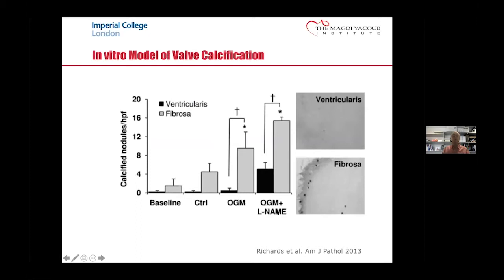And when we did this experiment in the presence of L-NAME, the numbers of calcified nodules increased principally in the fibrosa, so on the aortic side of the valve where calcification is normally found, and also in the ventricularis side, demonstrating that NO released from the endothelium on the valve has a protective effect.